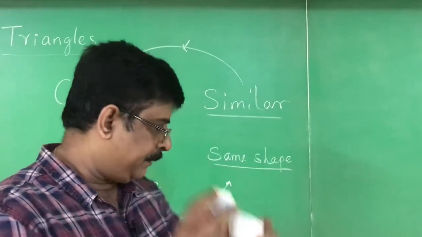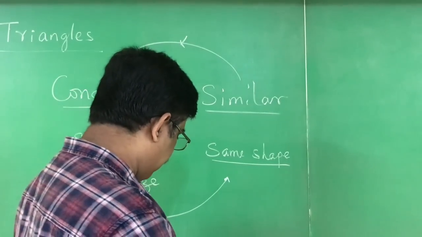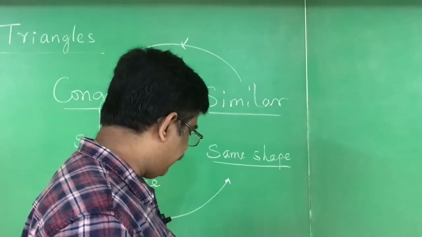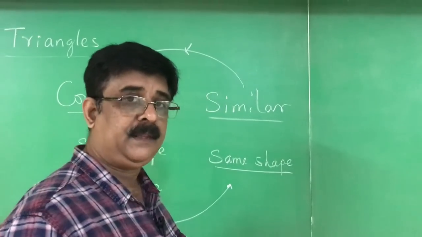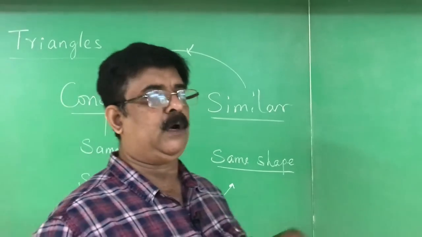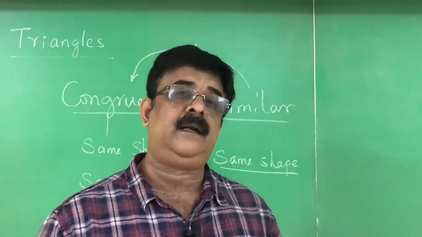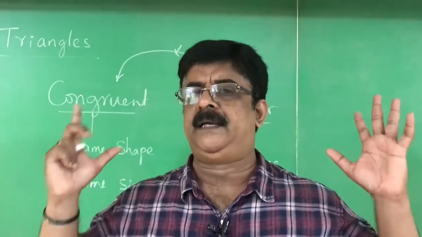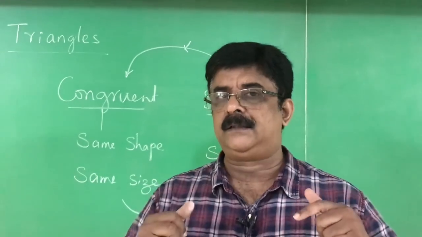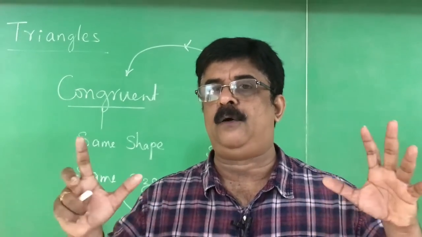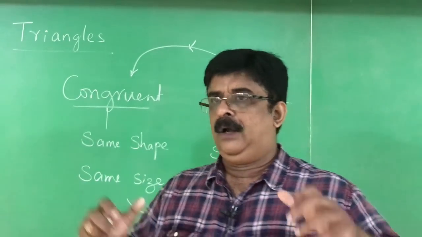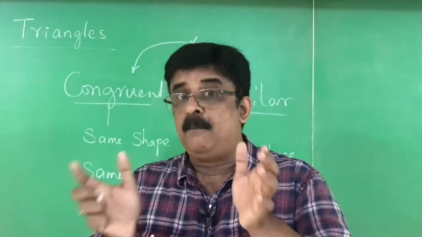Therefore, in this chapter of 10th standard about triangles, more importance is given to similar figures. And you have to understand, what is the greatness of this particular content? It is superb. Why? Because if you want to construct a house, you make a model.